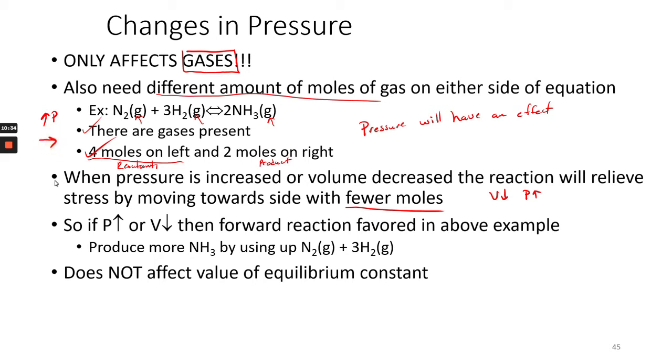If I increase the pressure or decrease the volume, they have the same effect here, because by shrinking the volume, you make the pressure in your container higher. Then the forward reaction becomes favored, and it will move forward and produce more NH3 by using up reactants. So the concentration of your reactants will go down until you reestablish equilibrium. Now, what is interesting is this will not change your equilibrium constant.